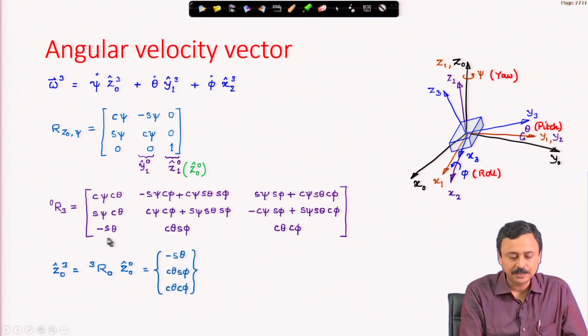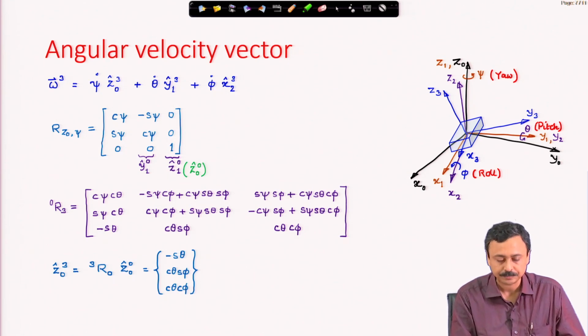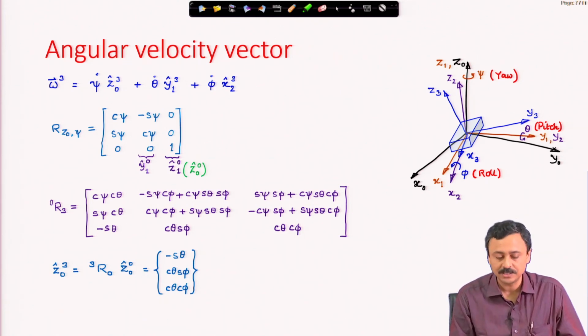Therefore, it filters out the third row of R from 3 to 0, or the third column of R from 0 to 3, the rotation matrix from 0 to 3. This is the third column. So, this is z 0 represented in x 3 y 3 z 3.